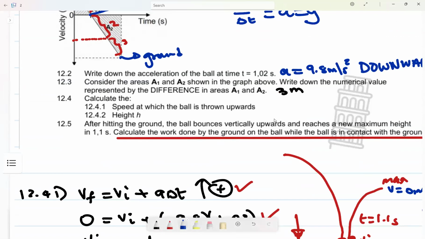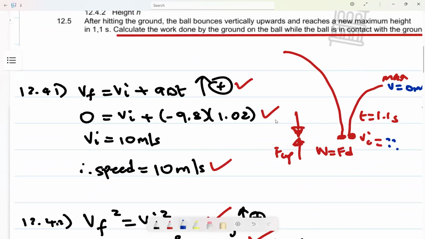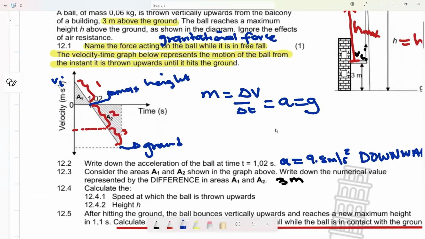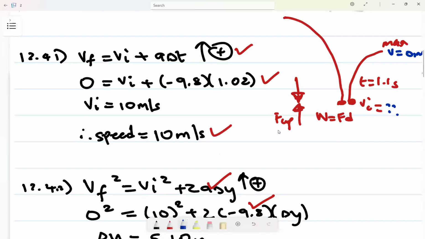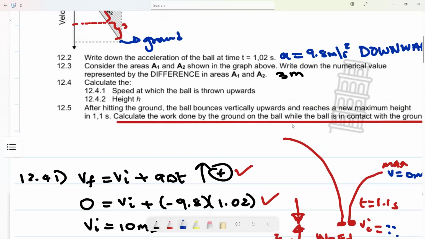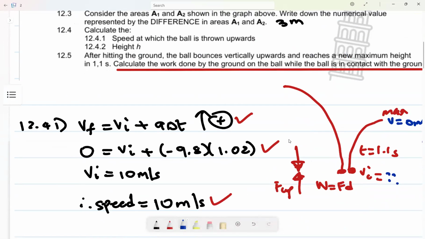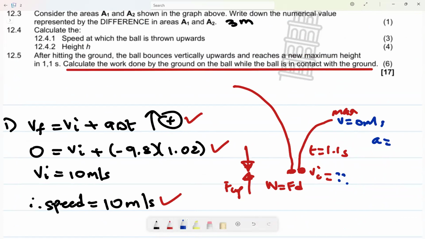It reached the ground with a velocity of how much? We don't know. It's fine. Now that we have calculated the velocity here, what do you want? Calculate the work done by the ground on the ball while the ball is in contact with the ground.